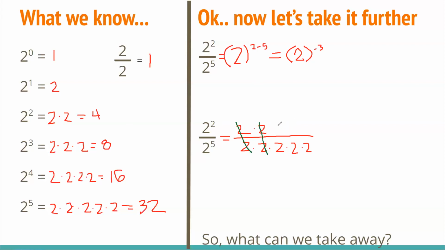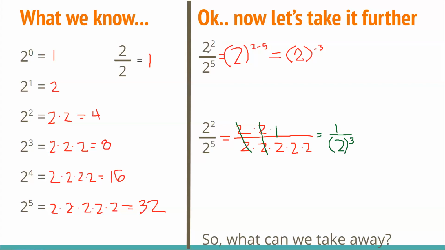Again, we're not left with just nothing up here. We're going to fill that in with a times 1 because that keeps it the exact same. And so now I have 1 over, I'm going to simplify this to 2 to the third power because my base is a 2 and I have 3 of them. And so that's going to be my solution for this one.